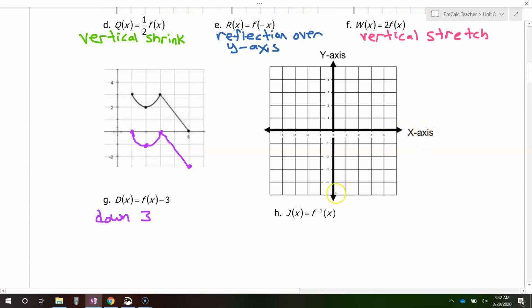So first let me draw the original function, which I'll draw using this color. The original function looked something like this. We had 1, 3.